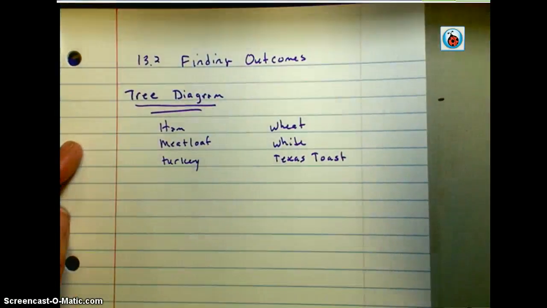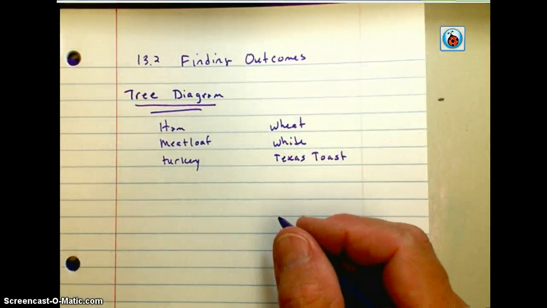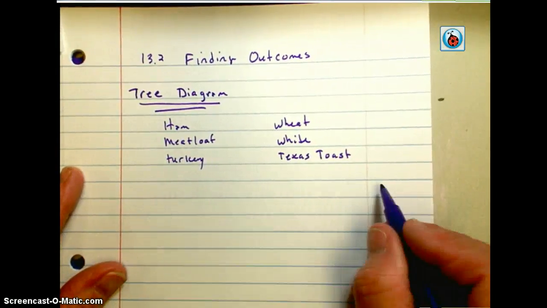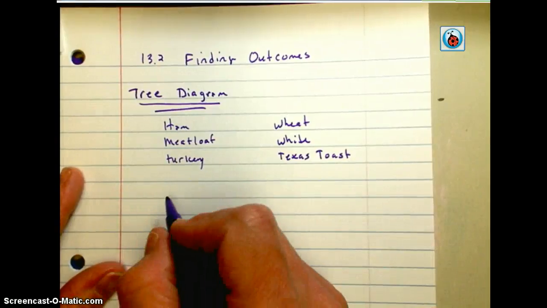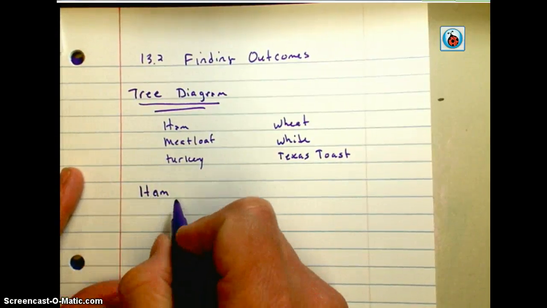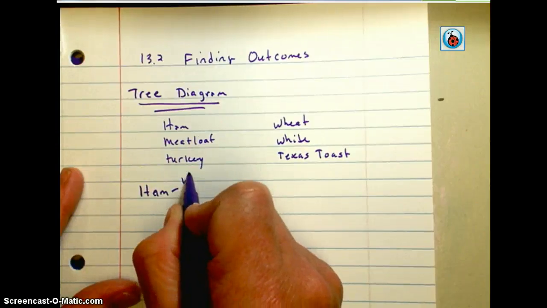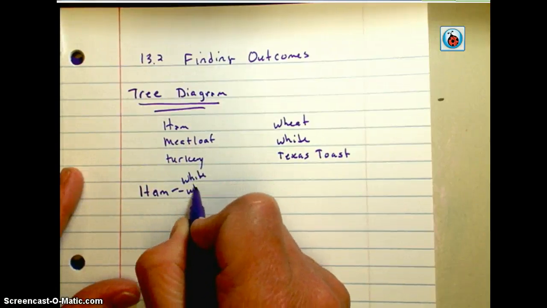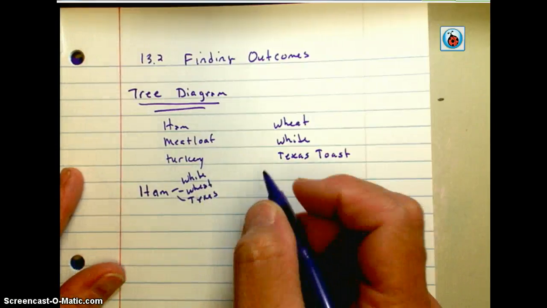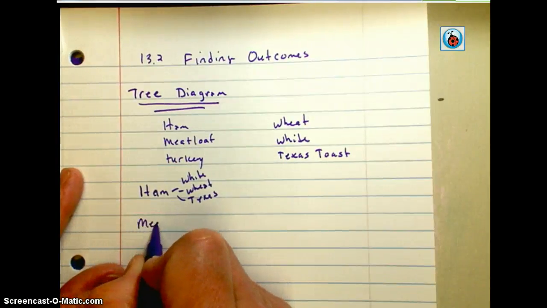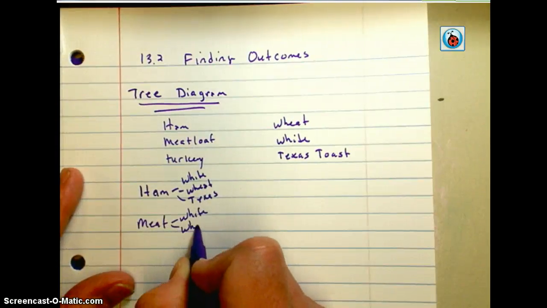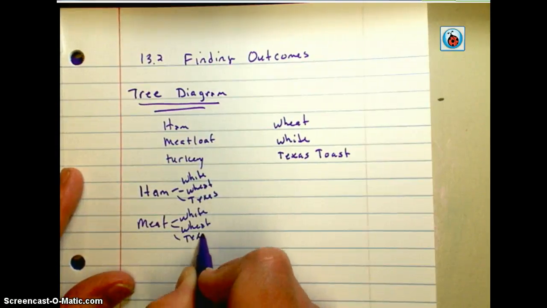Now, here's how a tree diagram works. You can do these either horizontally across, or vertically down. You start with a ham choice, and with ham you can choose white bread, wheat bread, or Texas toast. Another choice is meatloaf, again with white, wheat, and Texas toast.